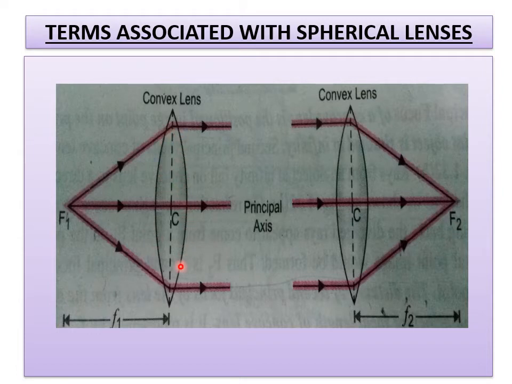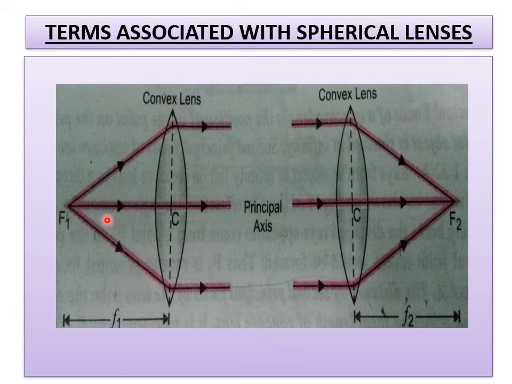So don't get confused. Optic center, in some of the ray diagrams, is represented with P, or sometimes it is represented with C also. Okay, don't get confused, children. And this F1 is the first principal focus. If you see, the rays are emerging from F1.